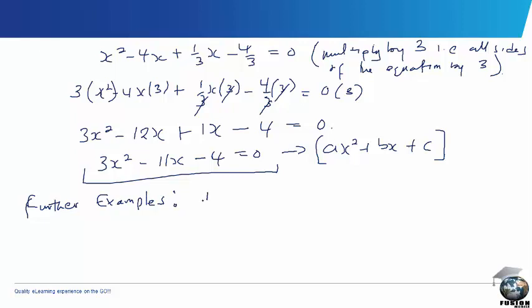We'll take question 1 to be: the roots of the equations are given as follows.